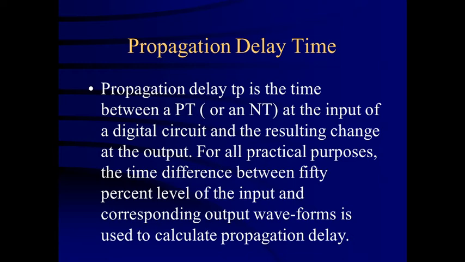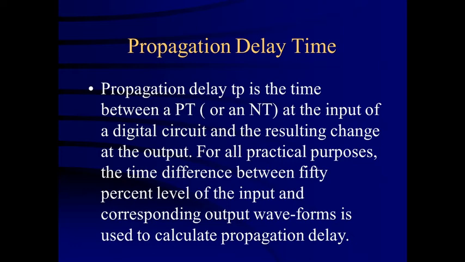What is propagation delay time? Propagation delay tP is the time between a positive transition or a negative transition at the input of a digital circuit and the resulting change at the output. The input of the circuit is triggered either with a positive edge or a negative edge, and depending upon that the circuit responds and the output goes from one state to another.